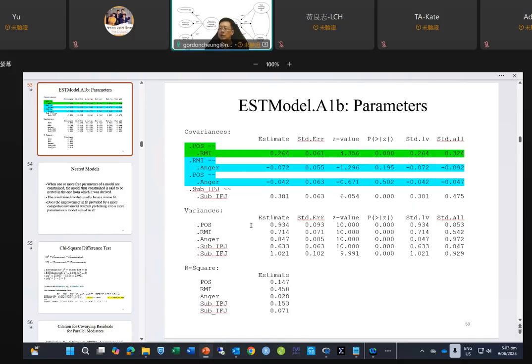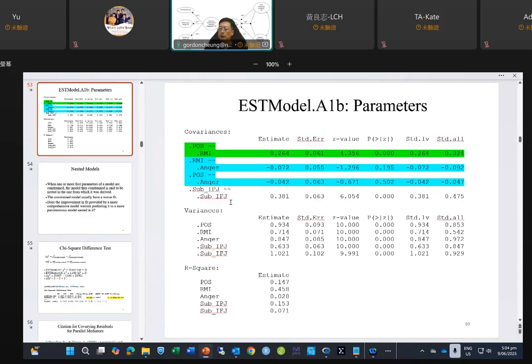But then you lose degrees of freedom because you estimated more. In our first model, we say the constrained model is a more parsimonious model because it estimated fewer parameters. In the second model, we estimated 3 more parameters. It is the unconstrained model.